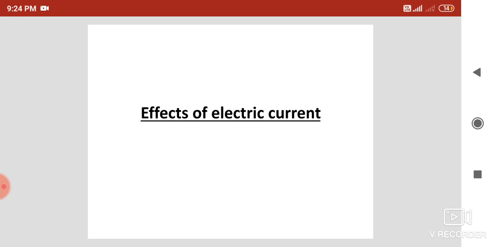In that activity, we discussed that when electric current passes through a metallic conductor, a magnetic field is created around the conductor, and that magnetic field deflects the magnetic needle placed near the wire.